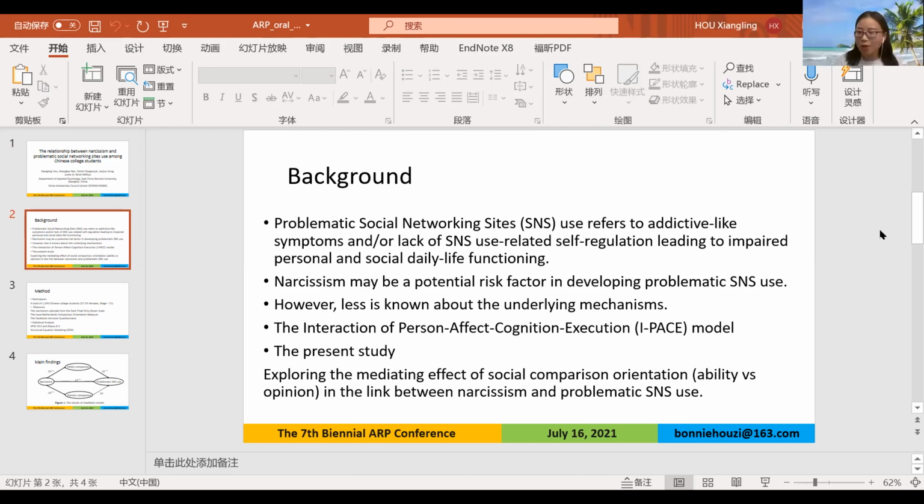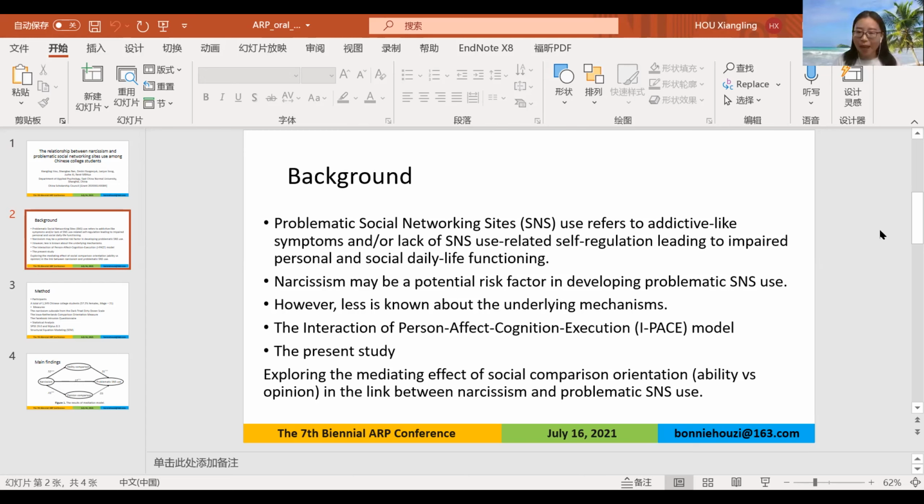Affective and cognitive responses variables may mediate the relationship between predisposing variables and problematic social networking sites use. According to this model, narcissism could be viewed as a predisposing variable. Social comparison falls into the affective and cognitive responses category.